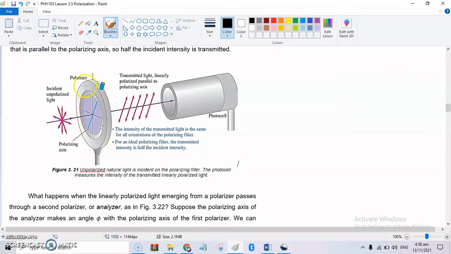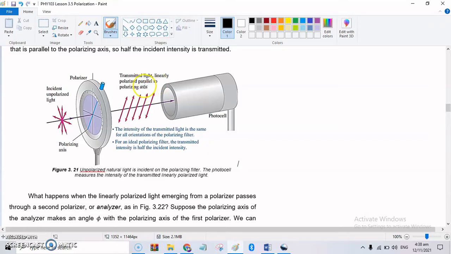What is a polarizer again? It acts like a filter. So from this incident unpolarized light, only the light with the same angle or with the same polarizing axis will pass through it. So in this case, this light in here is the transmitted light, linearly polarized parallel to the polarizing axis.